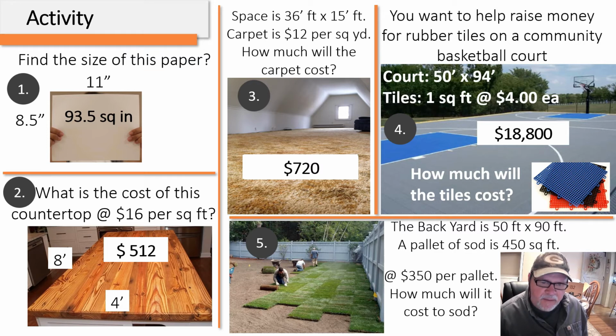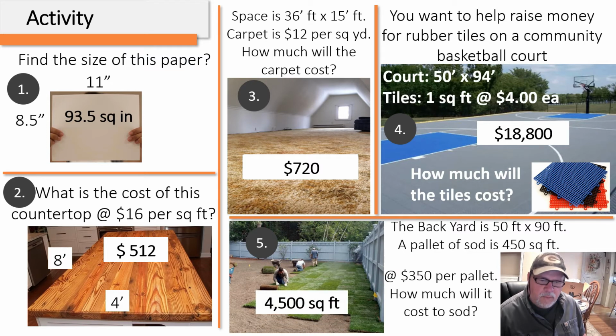All right, number 5, backyard. It's 50 by 90 feet. You want to put the sod down in the backyard, and a pallet of sod is 450 square feet. And it's $350 per pallet. So how much is it going to cost to sod this backyard? First, 50 times 90, that's the size. Okay, we got 4,500 square feet.